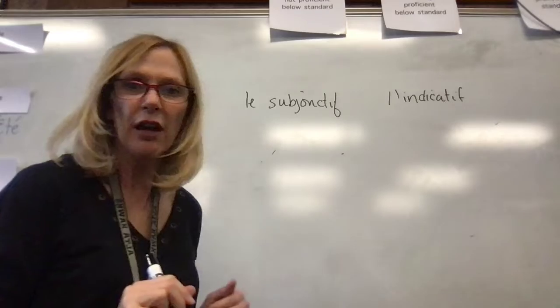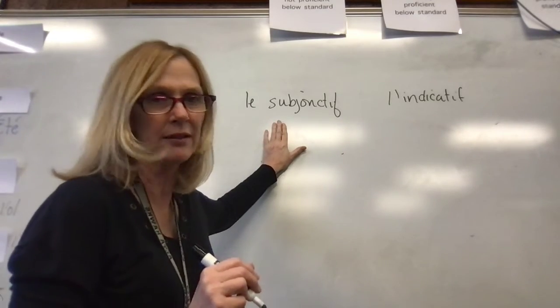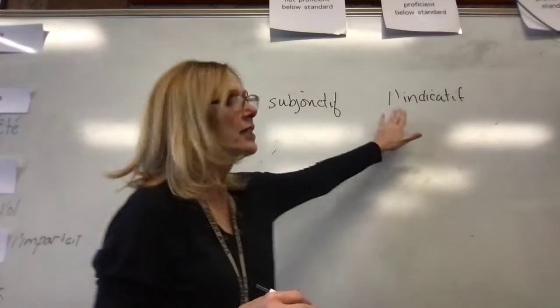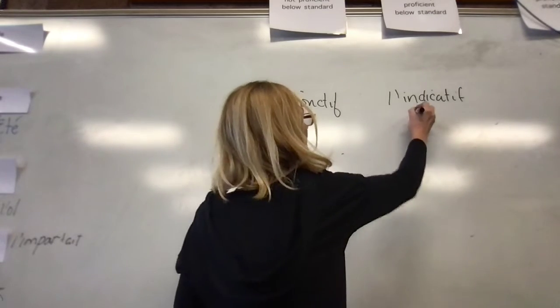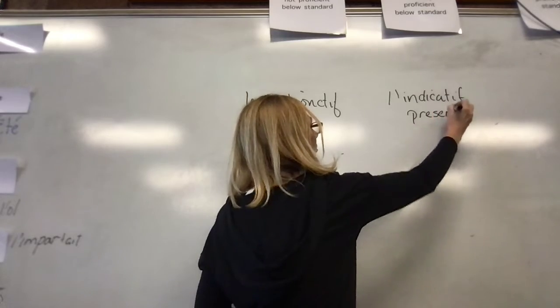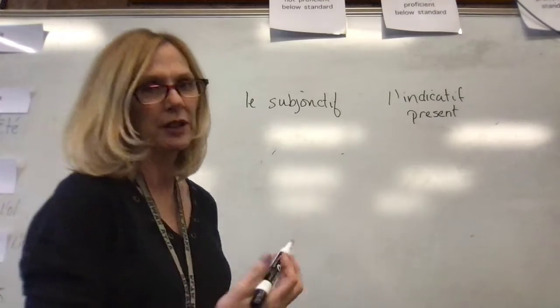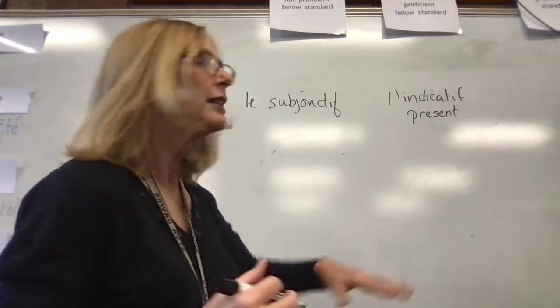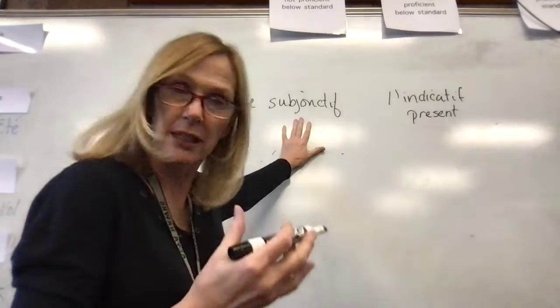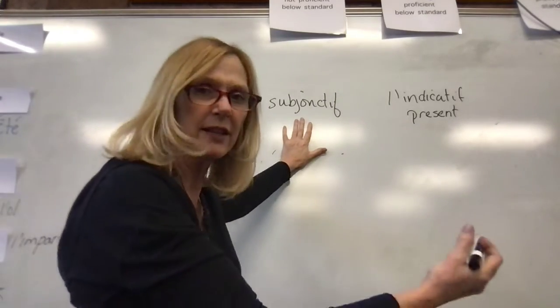The first thing that you have to know is that the subjunctive is not a tense. The indicative is basically what you've been learning as the present tense. You just conjugate the verb, you're in the indicative. Subjunctive means that you have put a certain mood on the next sentence.